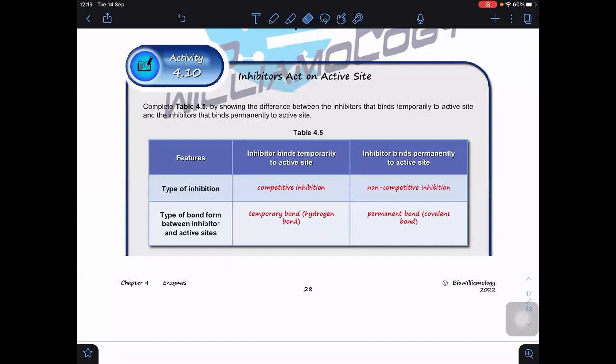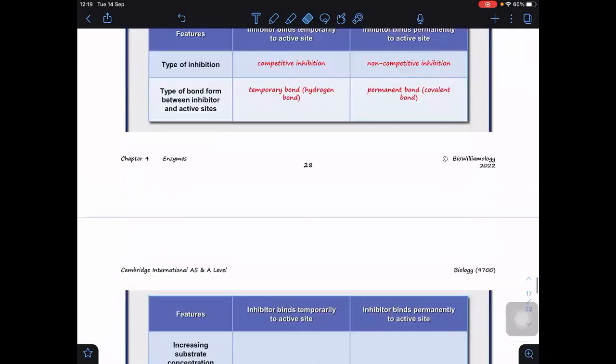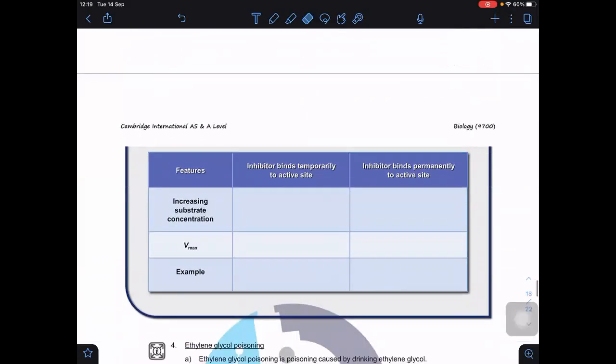So it means that the inhibitor binds permanently to the active site by forming covalent bonds. These three parts are a little bit confusing; I will explain them later in more detail, so accept them first at this moment.